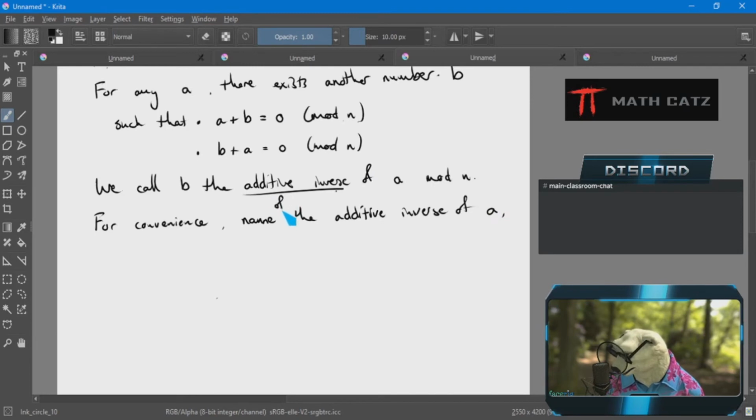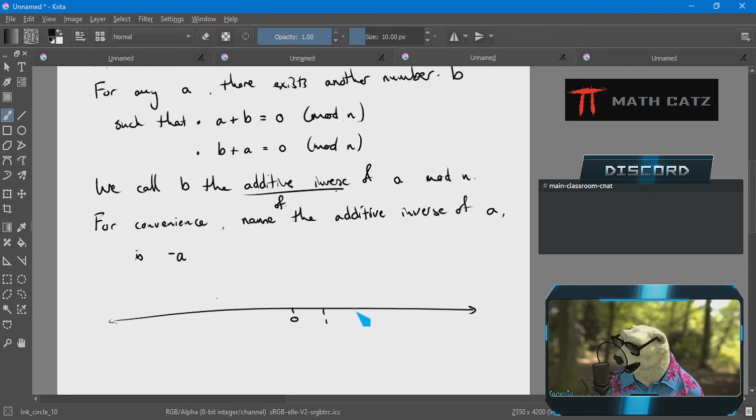The name of the additive inverse of A is negative A. Now on the number line, put this into context, right? Have perspective here. This is only sounding obvious, perhaps, because you are already super familiar with the number line.